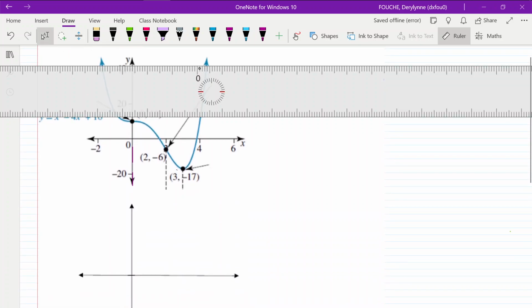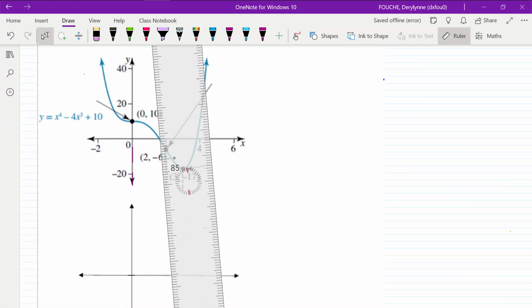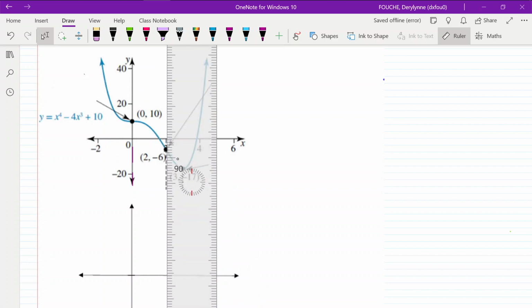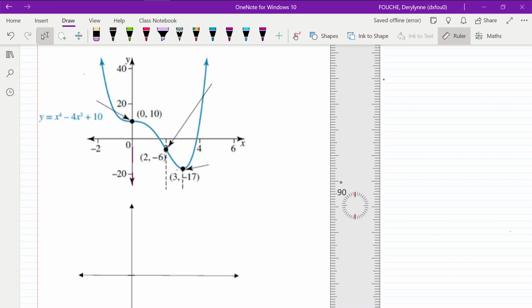The first thing that we need to do when we're sketching a gradient function is to line up a few critical or key points. Now those key points are going to be our stationary points, our points of inflection, and our stationary points of inflection. So let's label those. Over here we have a stationary point of inflection on a decreasing curve.